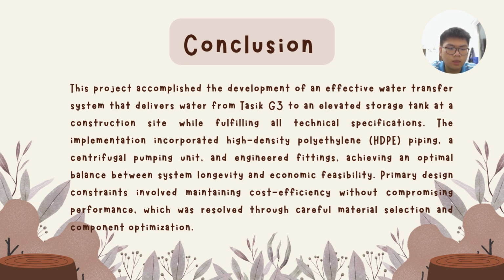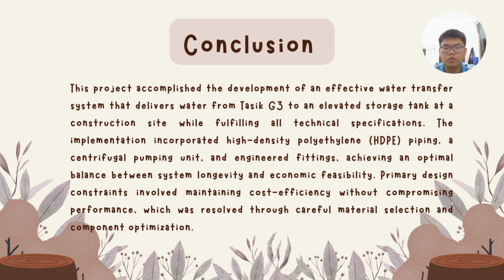The ongoing academic supervision contributed significantly to enhancing the system precision and operational effectiveness, ultimately delivering a dependable water supply solution for critical construction operations, including concrete production and upkeep.